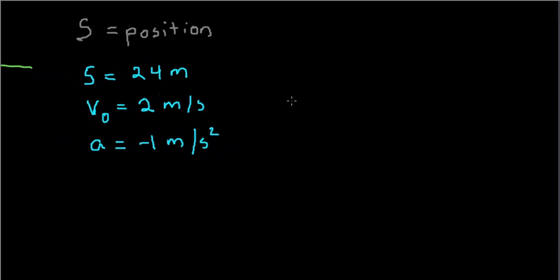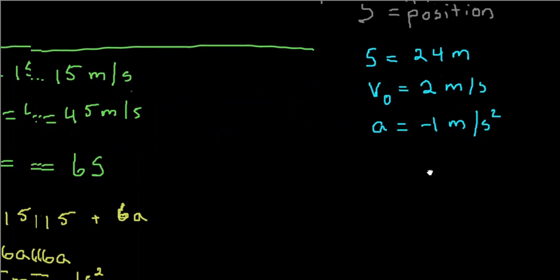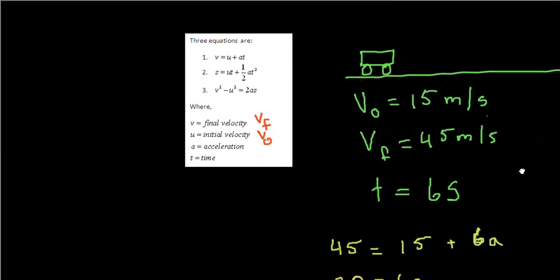Let's say we have just a straight road, and you're going in your car, a box with 2 wheels, and you are decelerating. Your acceleration is negative. How long will it take you to go from position 0 to 24? And we have all the components here in our chart.